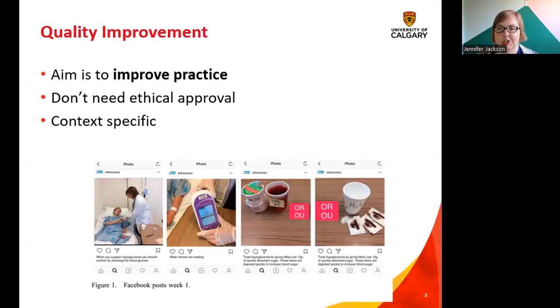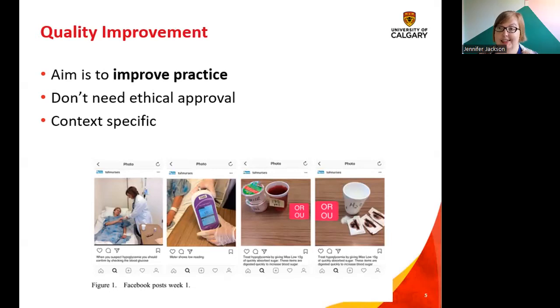So in contrast, quality improvement is aiming to improve practice. It is faster and cheaper because it is lower risk, and the potential burden for the people involved, like patients, is also lower. So therefore, you don't need ethical approval because you're not trying to do something that's untested. What you're doing is taking evidence that already exists and applying it in a clinical setting.